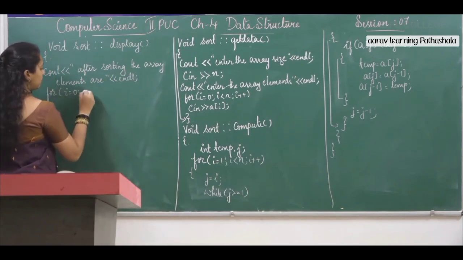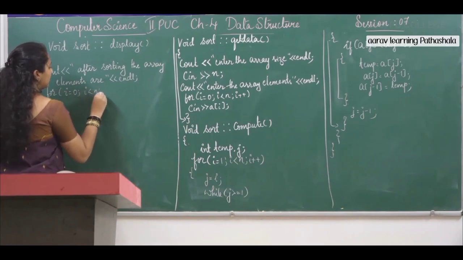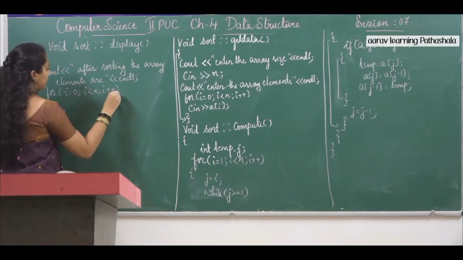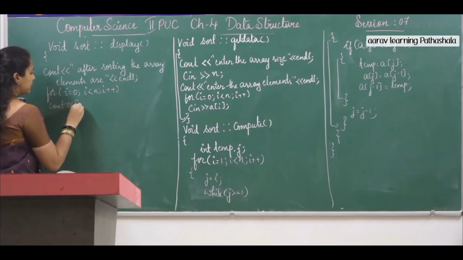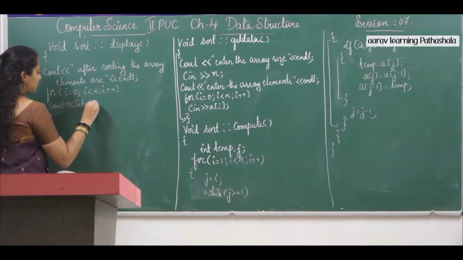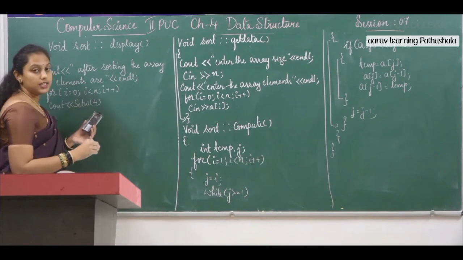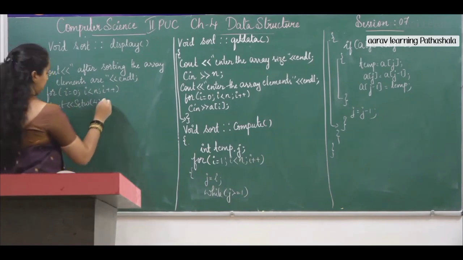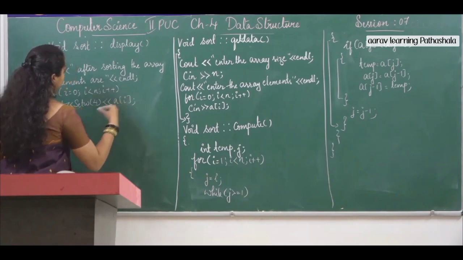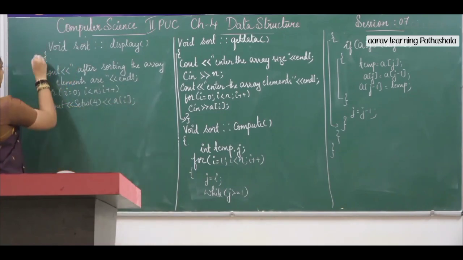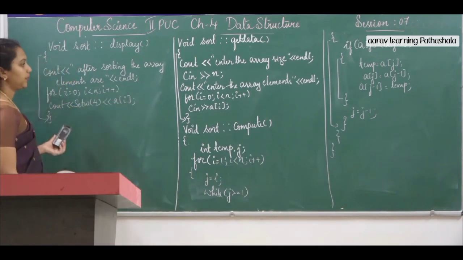For i is equal to 0, i less than n, i plus plus, cout setw of a of i. The setw function is used to set the field width between the array elements. So this is about this function.